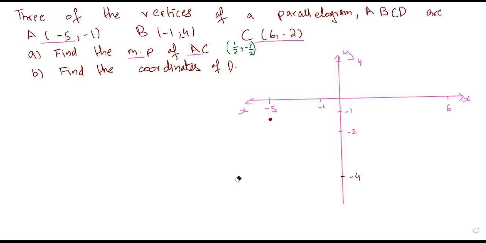So B would be -1 and -4. Okay. And then we have 6 and -2 this point. Okay. So I can just connect these 3 points just so I know how my parallelogram would look like.